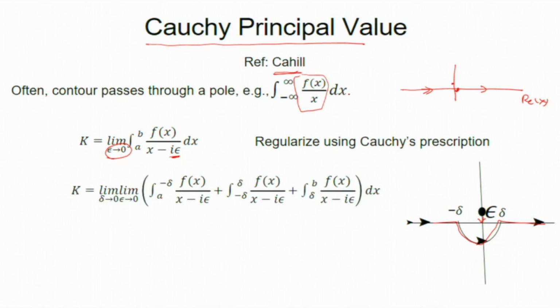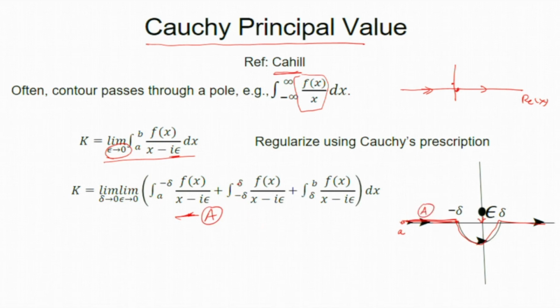We rewrite our integral in the following manner. The first one goes from a to minus delta, where a is somewhere here. So, this is the first part, a.